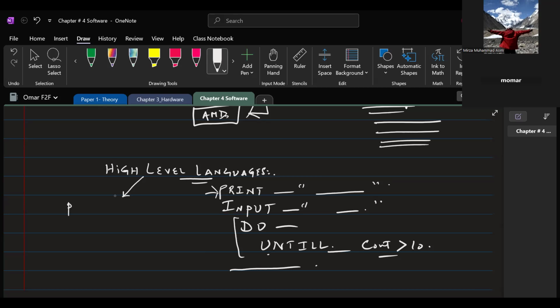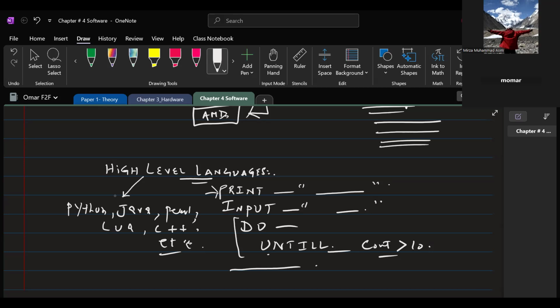We have Python, then we have Visual Basic, Java, Perl, Lua, and C++ that is very strong and interesting. So there are so many high level languages. Whatever you like, you can choose.